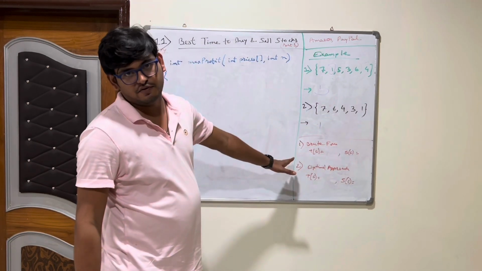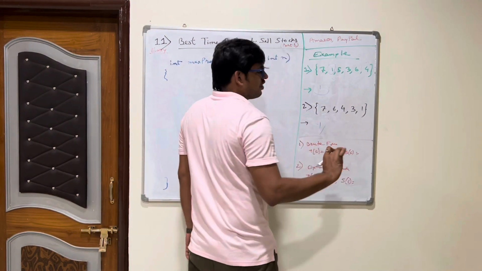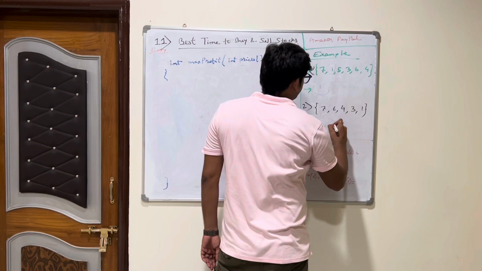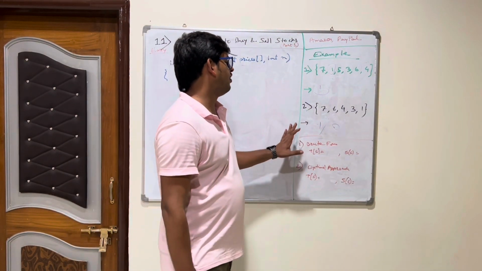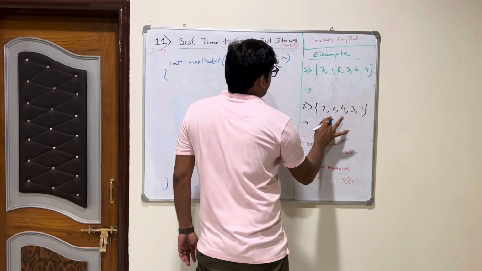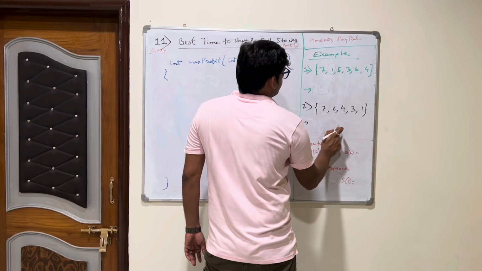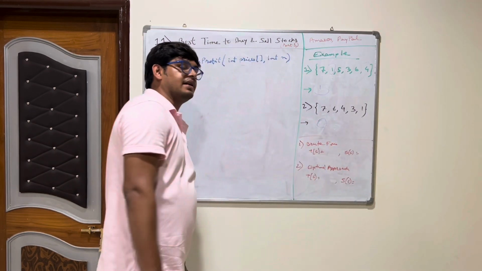So either we have to find that, or it could be that if you are at a loss, you are not going to buy, so you have to return 0. Whatever is the condition given in the question, we need to follow it. Let's assume that we will not buy or sell the share if we are at a loss. So here we are at a loss, so we will not sell. We will be returning 0.